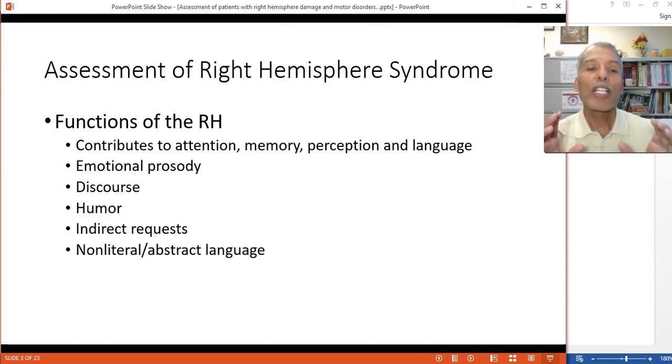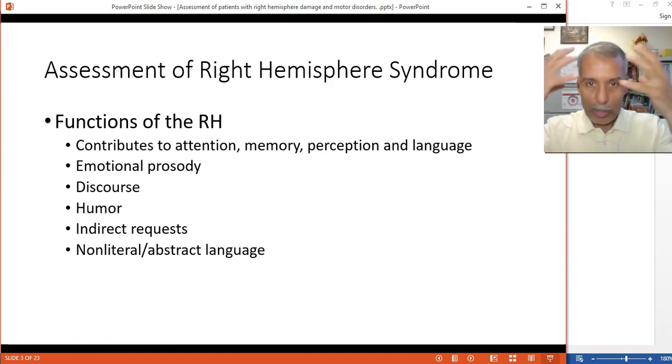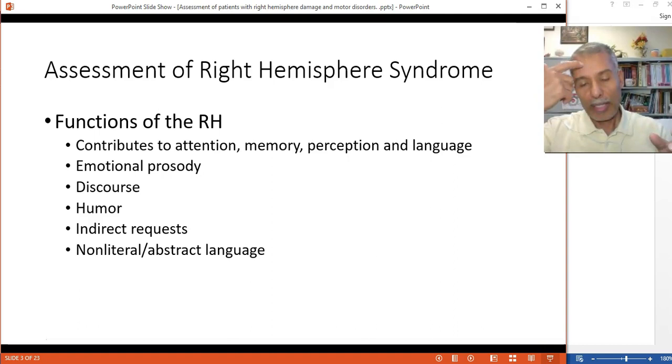You can think of attention as a function, something that happens as a result of several areas in the frontal, mostly in the frontal cortex, and these areas in the frontal cortex also are connected with areas in the parietal cortex.